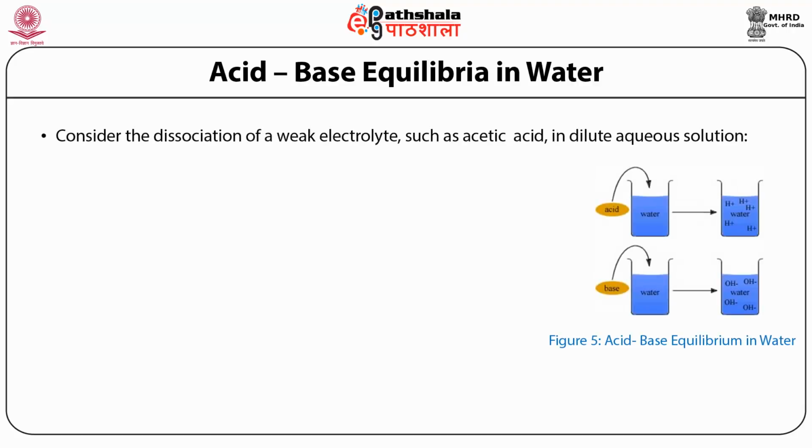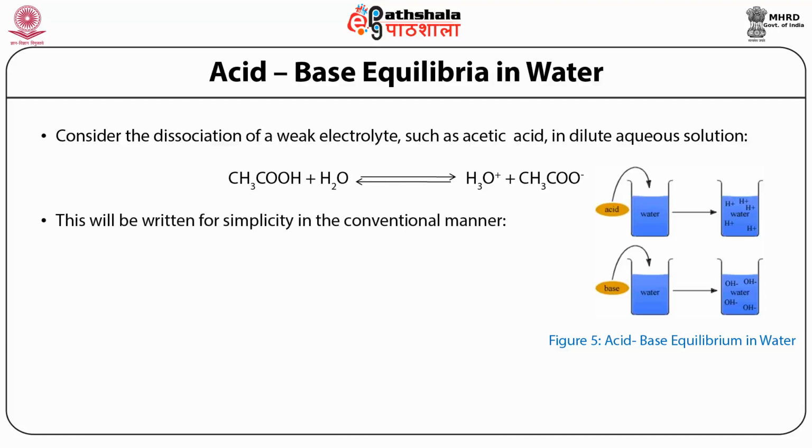Consider the dissociation of a weak electrolyte such as acetic acid in dilute aqueous solutions. Here, acetic acid in water will form H3O⁺ and acetate ion. This will be written for simplicity in the conventional manner: CH3COOH ⇌ H⁺ + CH3COO⁻.